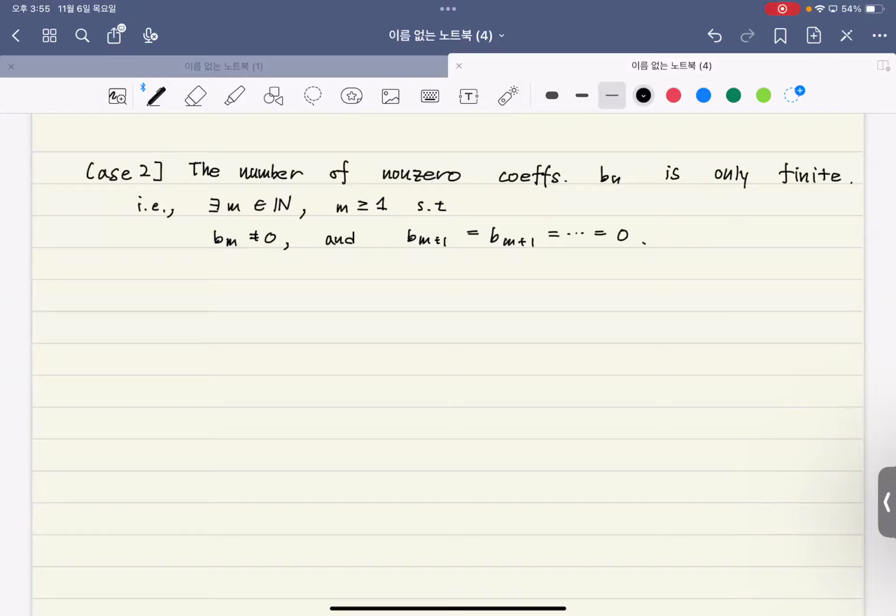So this is the maximal index such that my coefficient is non-zero. So you must be able to find such an integer, right? Because we are assuming we have only finitely many non-zero coefficients. Okay.